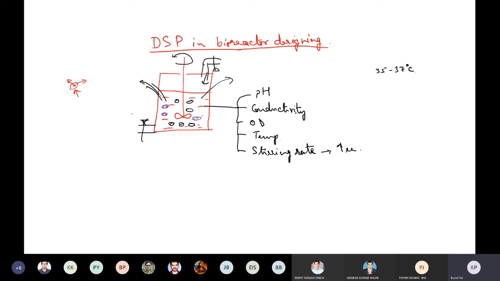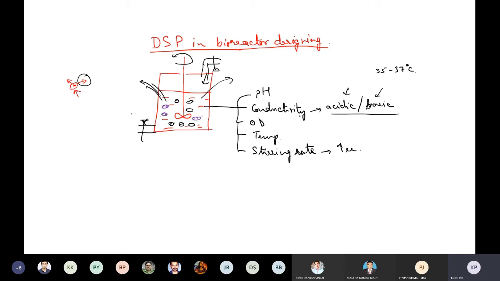Okay, you may look into the conductivity. Suppose, as I said, many of the bioactive agents may be excreted outside the cell, and it would change the conductivity. The conductivity is basically given by the ions. Ions either form acidic reactions or they can form basic components which may alter the pH also.